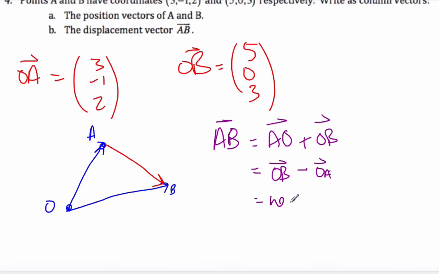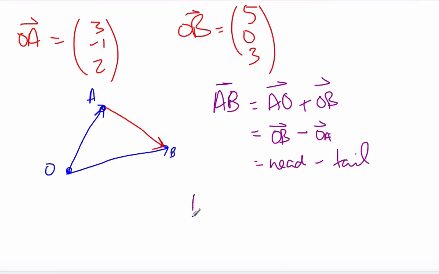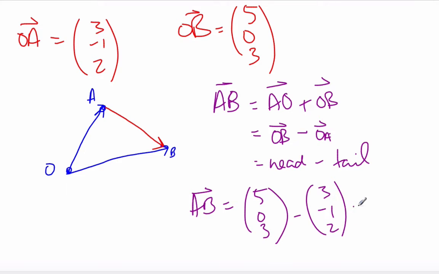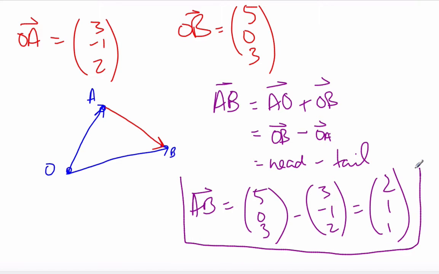And this is the head minus the tail. Generally speaking, we always take the head, subtract the tail. And so AB is going to be OB, 5, 0, 3, the head, subtract the tail, 3, minus 1, 2, which gives me 2, 1, and 1. This calculation here, we will do time and time again. Head minus tail.